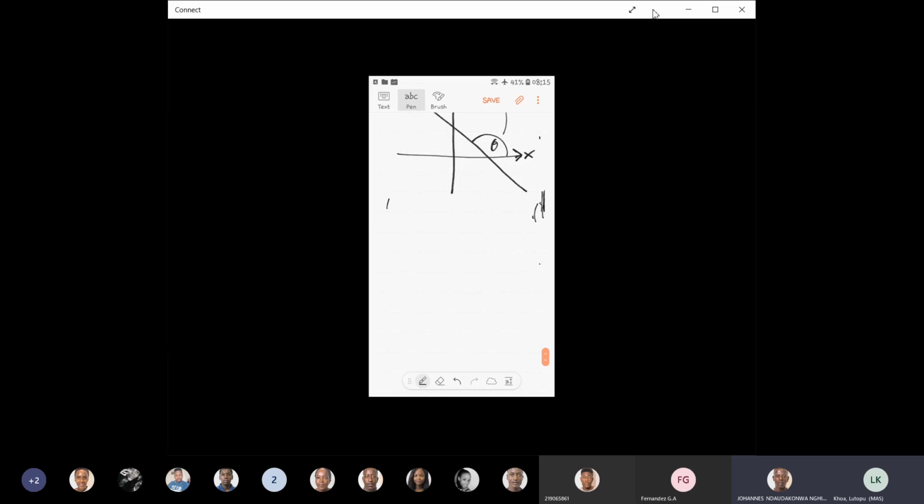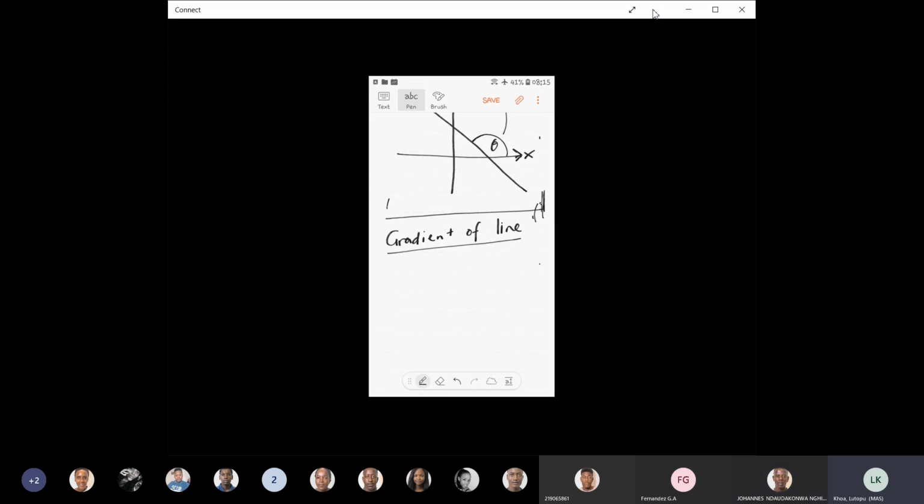Now the gradient of a line, that was just a definition, because we're going to use this. The gradient of a line is actually equal to tan of this angle theta.